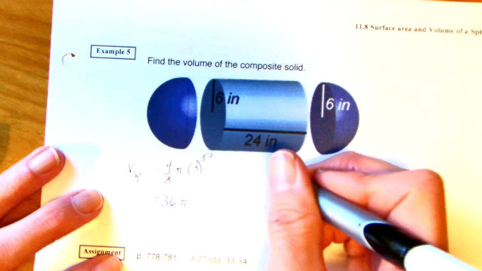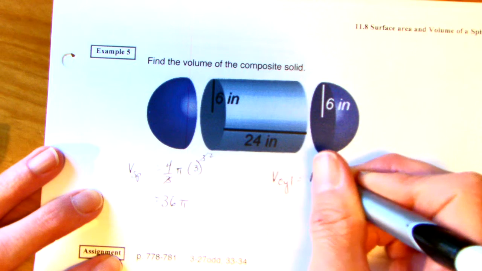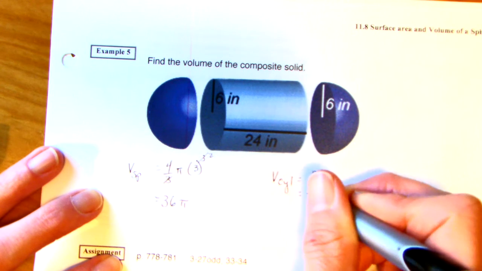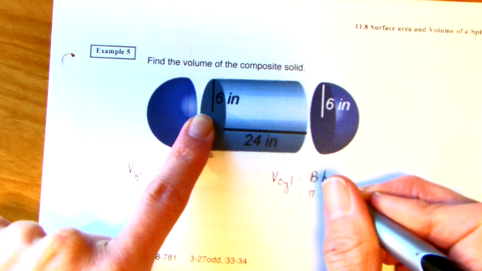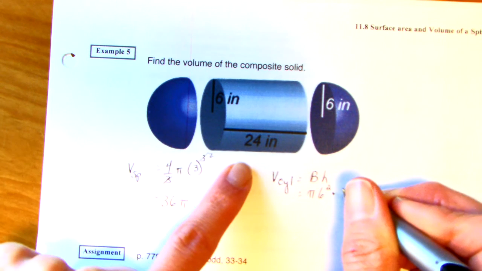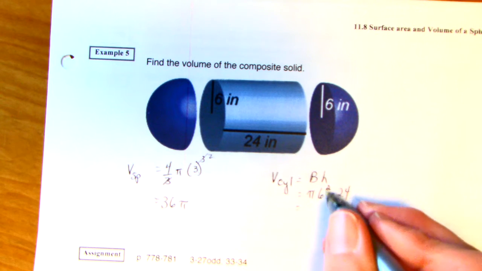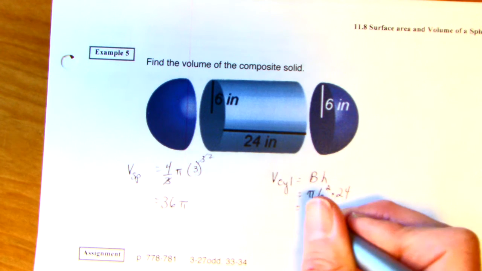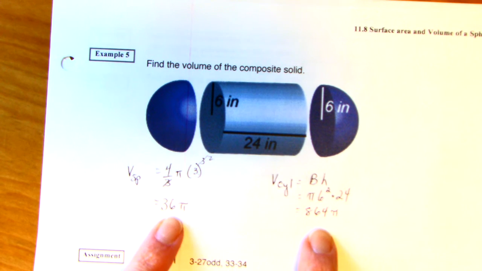Now for the cylinder. Remember that's big B times h, which is pi r squared times the height. Okay, so double check. This is 36. 36 times 24 is 864. Then we have pi there. Add them up.